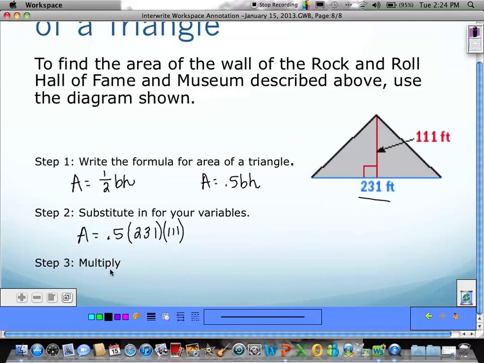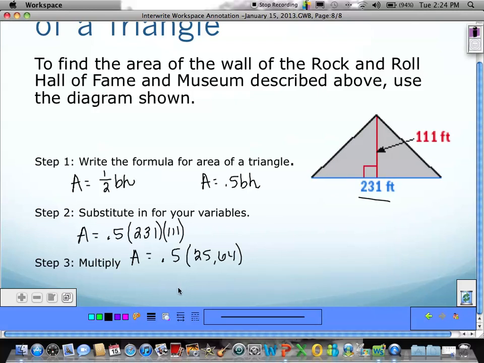All right, now I'm going to go ahead and multiply my two whole numbers, so I get area equals 0.5 times, and this is a pretty big number, 25,641. Now I'm not finished because I still have to multiply that by half.